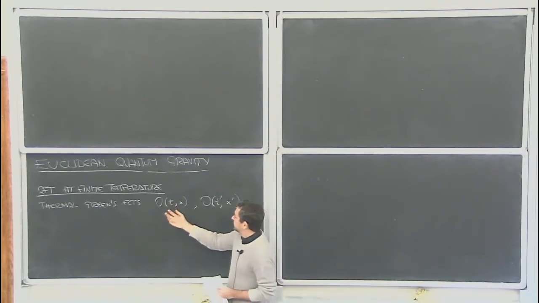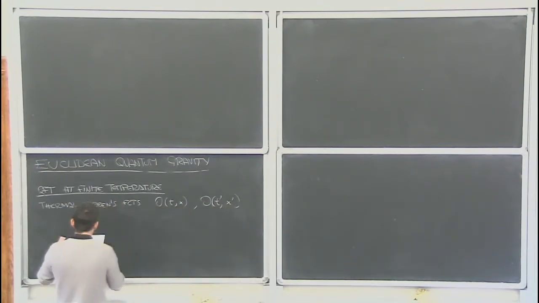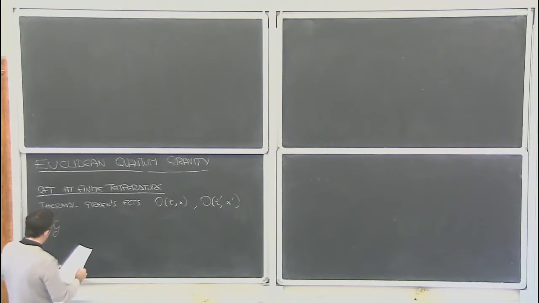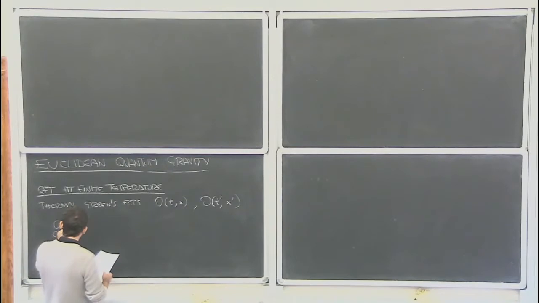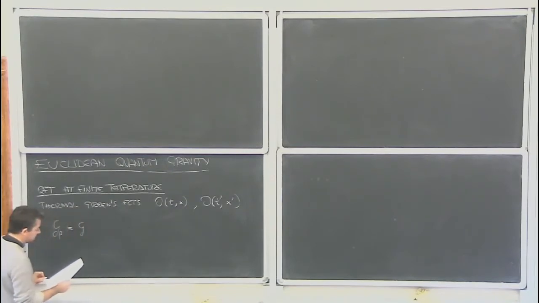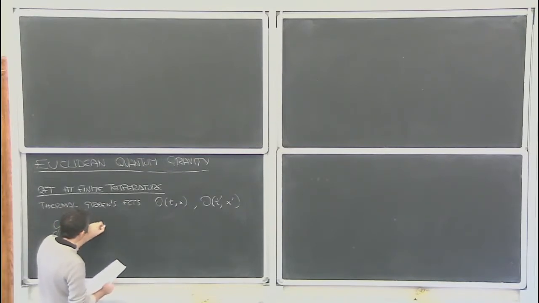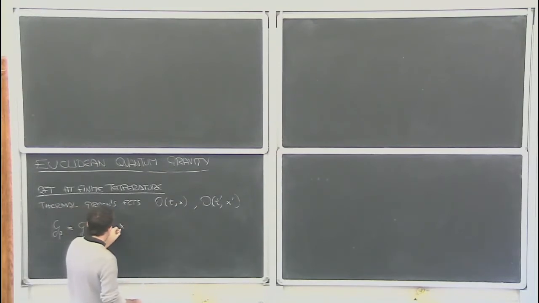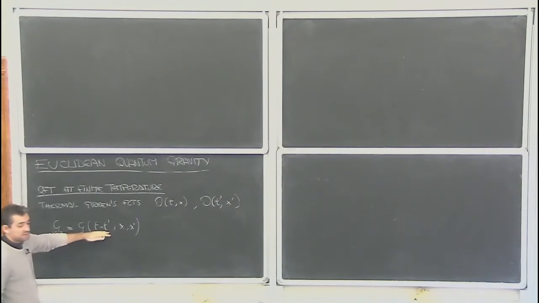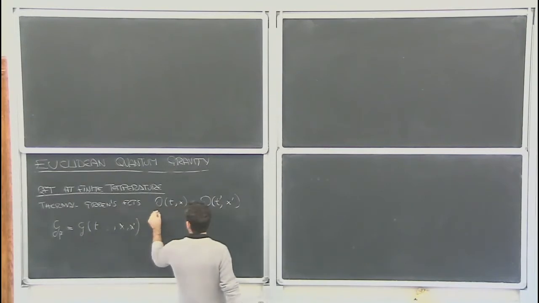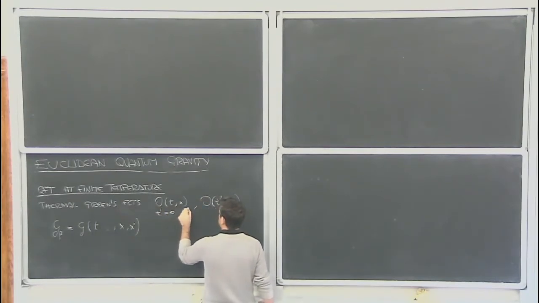So we will have the Green's function G at inverse temperature beta. Now I'm going to show how the temperature appears. Without knowing anything else, we know that it is in principle a function of t minus t' and x, x'. But since here we have just a difference, we can take t' equals 0 with no loss of generality.